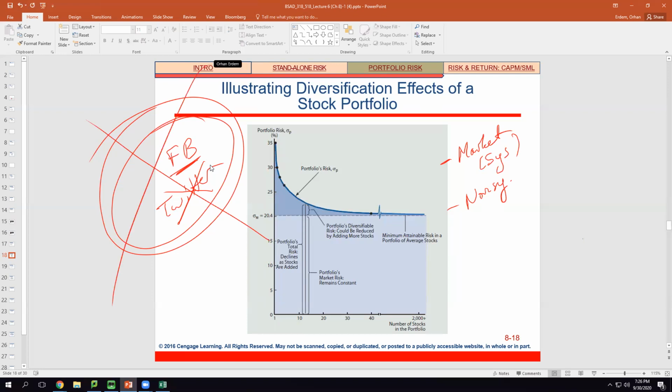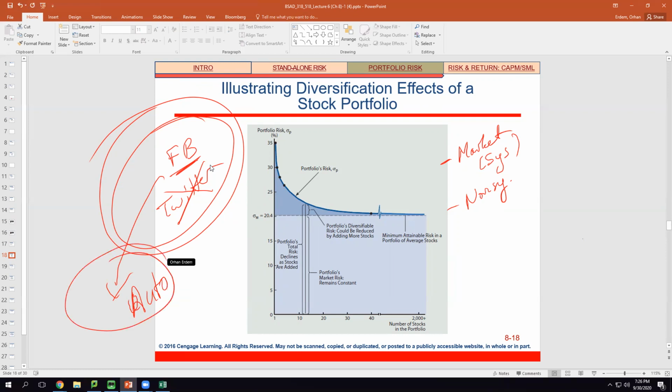You can eliminate Facebook's risk by not investing in Twitter. You can invest in, say, an auto company, as we have seen a moment ago. That's the best thing. But if North Korea declares war against the United States, they both go down. That's called market risk. You can't eliminate market risk, no way. Market risk means all of the stocks in the United States would be affected by the same terrible American news.